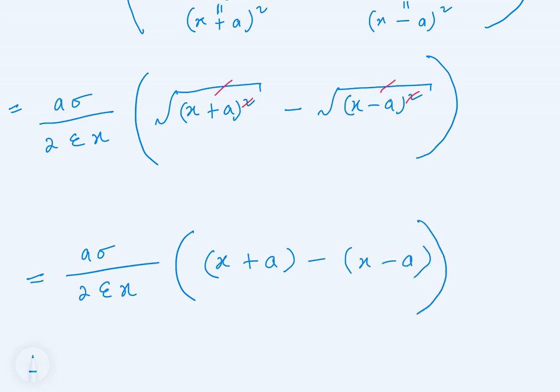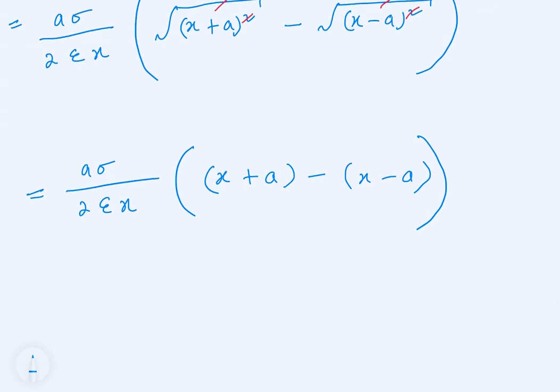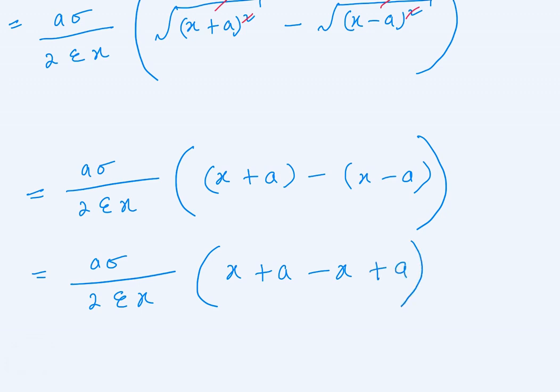But obviously this minus, if I distribute it into the second bracket, I'm going to get minus x and plus a. So this is equal to a sigma divided by 2 epsilon x multiplied by x plus a minus x plus a.